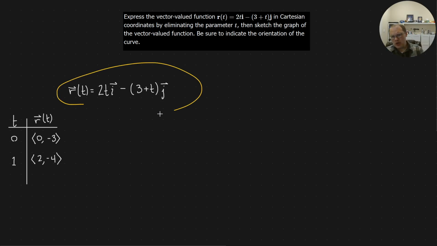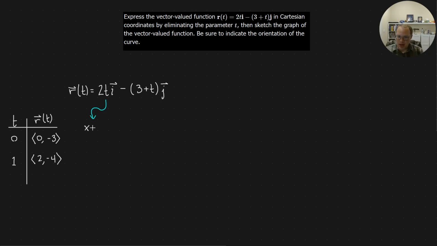But a lot of times for these two-dimensional vector valued functions, we have another option available to us. We can do something called eliminate the parameter. So let me show you what I mean. This 2t is going to be the x value for any value of t that I plug in.